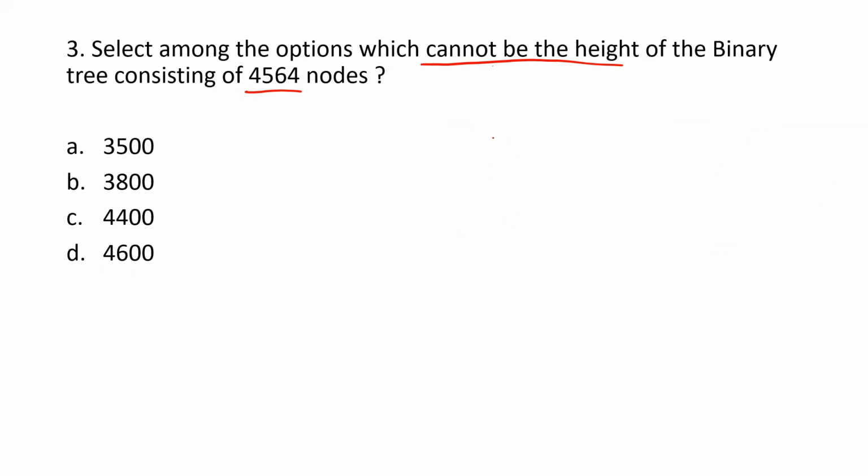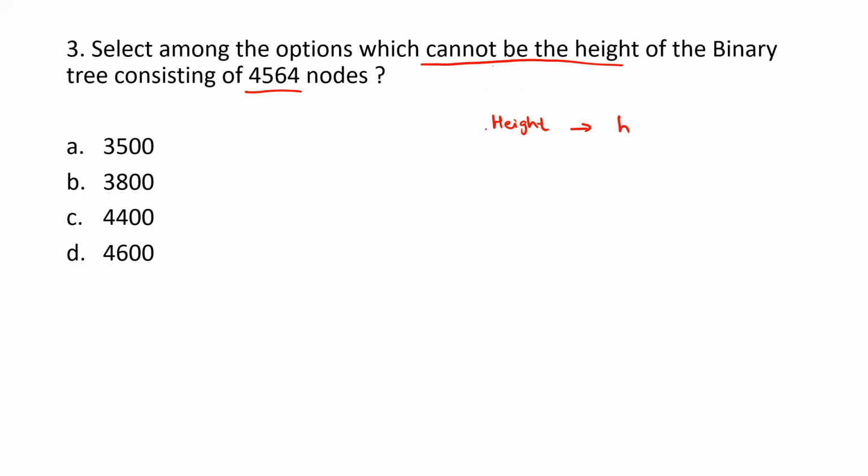So whenever you are given this type of question, you have to just remember one thing. Whenever you are given a height, let's say your tree is having height as h, okay?